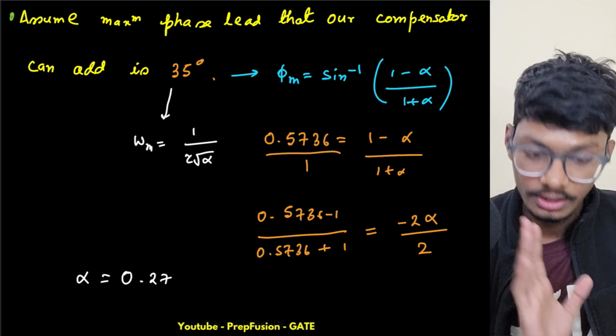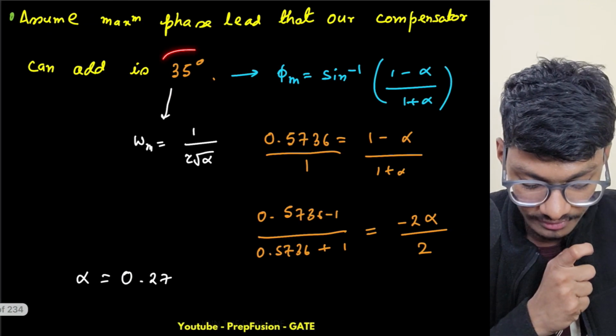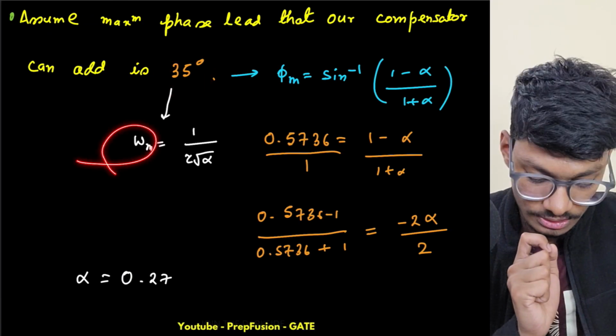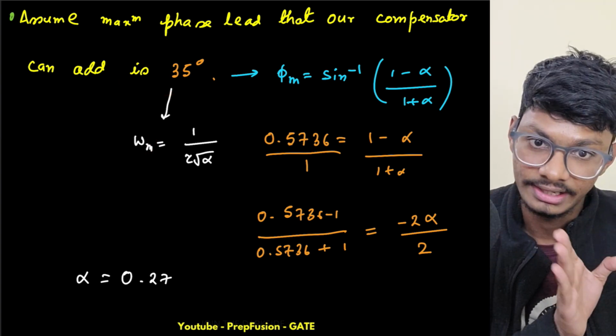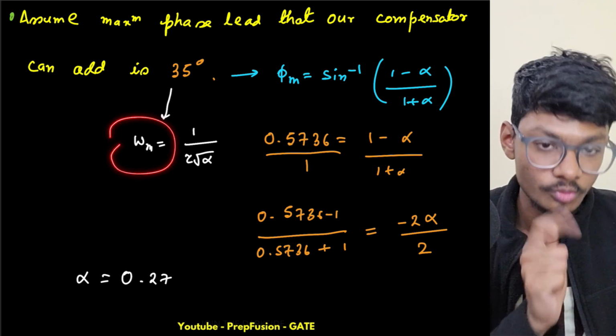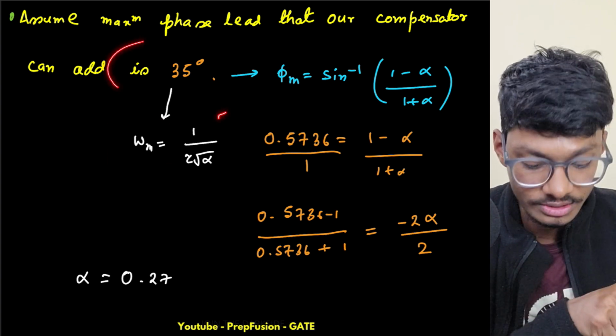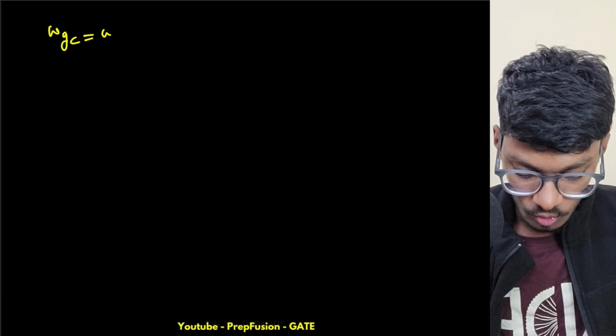Now I want my gain crossover frequency, where I need a phase margin of 35 to occur, at this omega m, because the compensator is providing this 35 degrees angle at that frequency only. So I want this frequency to be equal to the gain crossover frequency, because at that frequency I need this 35 degrees. So my omega gc will be equal to omega m.